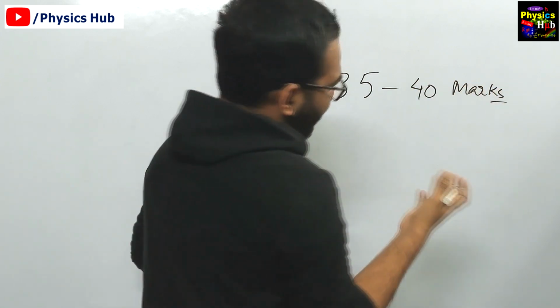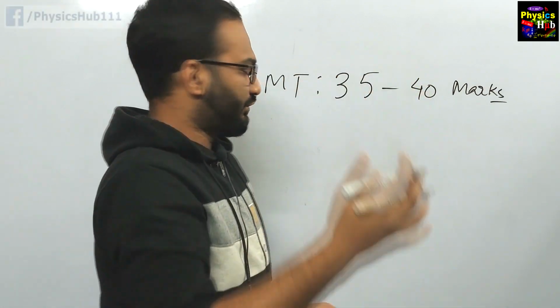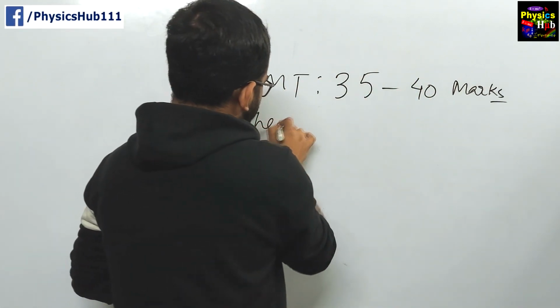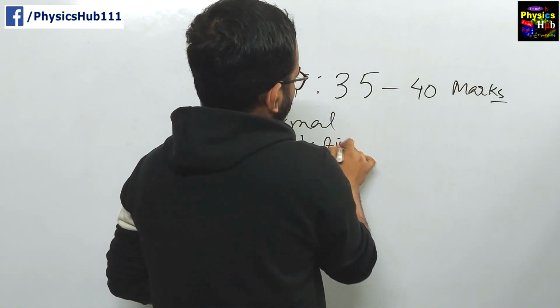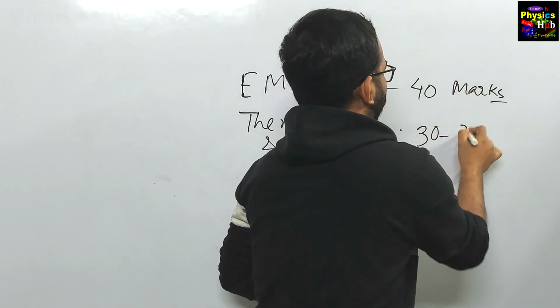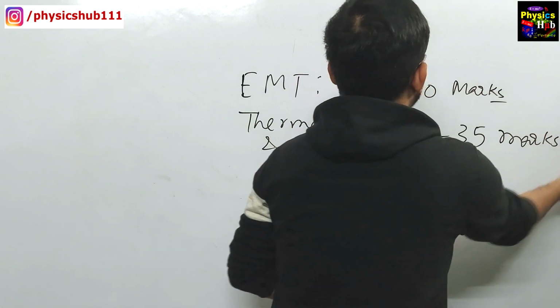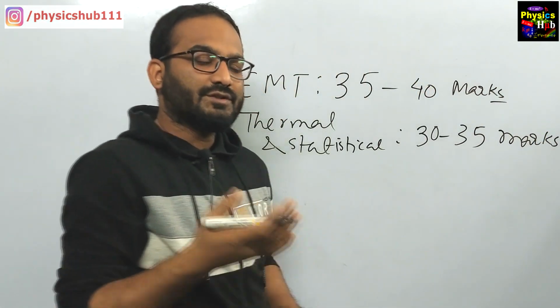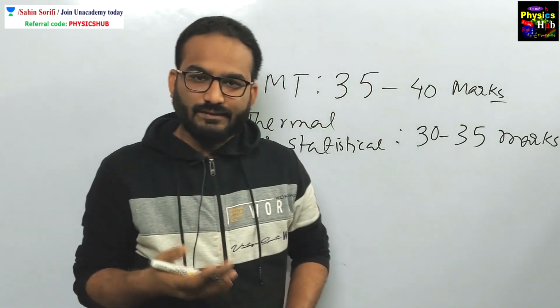On average you can expect around 35 marks, but it can go up to 40 also. For thermal and statistical physics, you can expect marks around 30 to 35. So these two subjects can give you around 65 to maybe 70 marks or more.